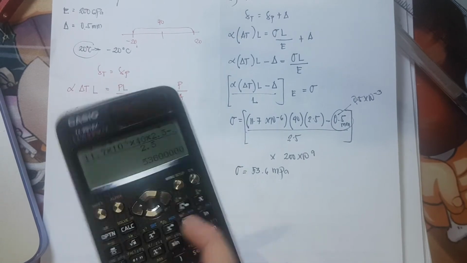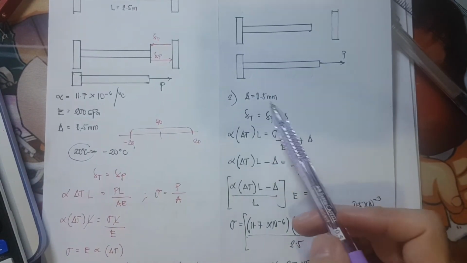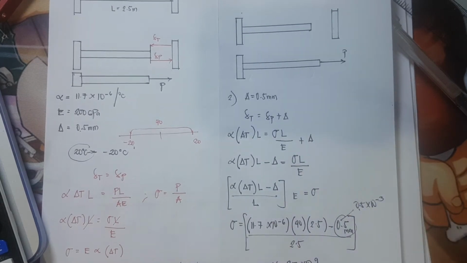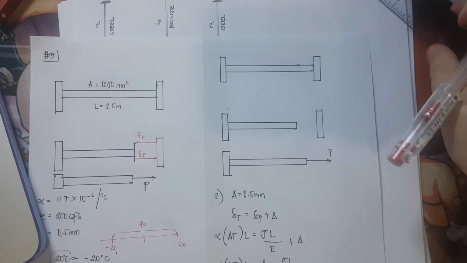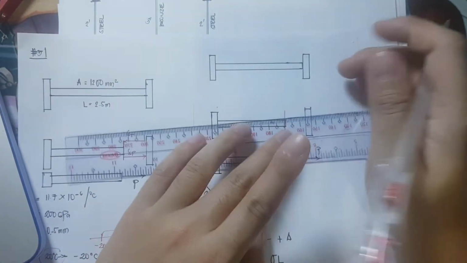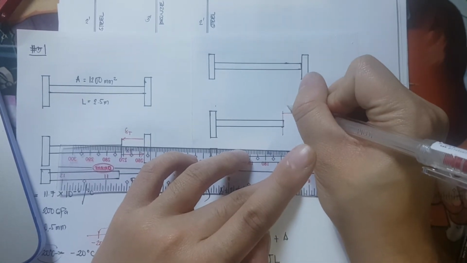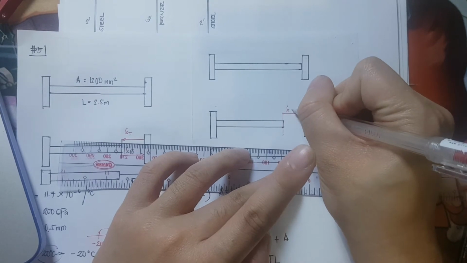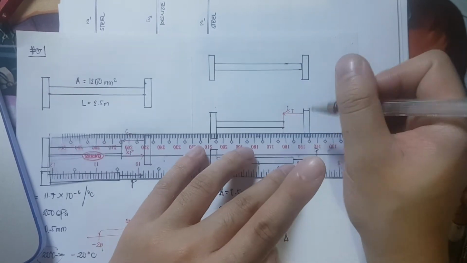So that would be the stress if we are considering the movement of 0.5 mm. If we are to plot it here on our free body diagram, that would be delta due to temperature, and that is in compression.